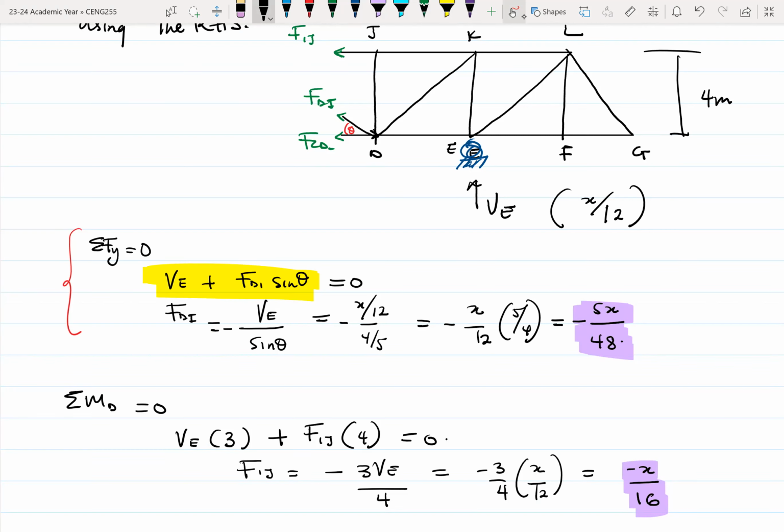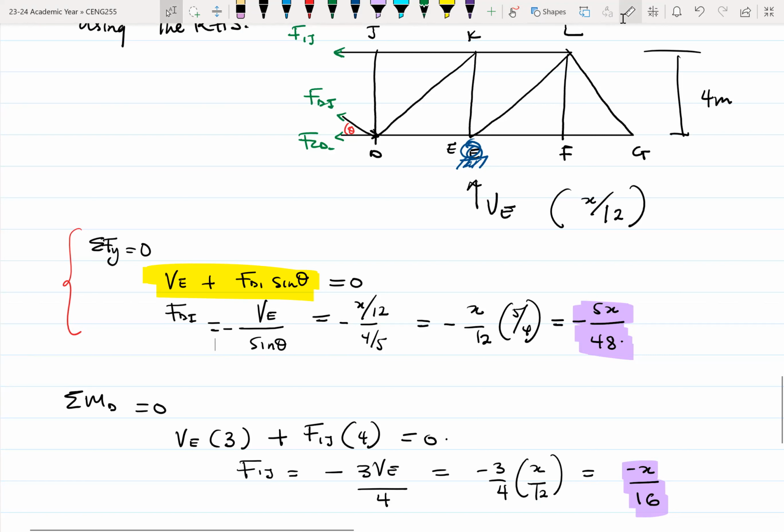We've done that already. And then sine theta is 4 over 5 from what I wrote earlier. So if you put this even into your calculator, you should get minus 5x over 48. All right. And this x here is valid only when your load is from A to C. All right, not D to G, when your load is on the other truss.